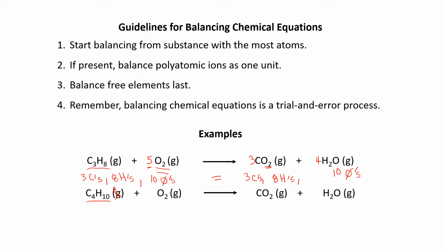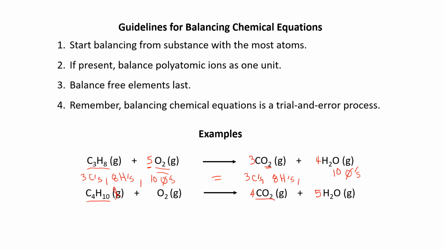So I'll come over here to the product side. I have 4 carbons on the butane, so I'll write 4 in front of CO2 right here, and then I will write, let's see, 10 hydrogens on the reactant side, so I'll write a 5 right here, and that will give me 10 hydrogens on the product side.